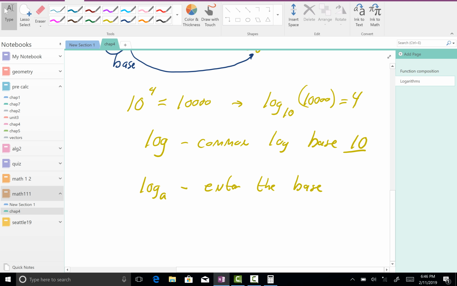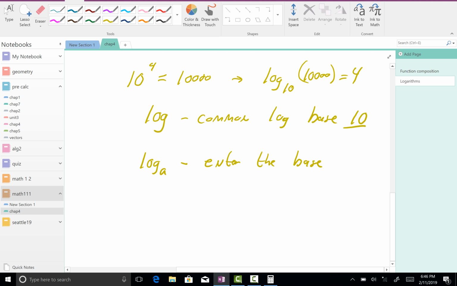So you can make the base anything that you want. But base 10 is called the common logarithm. So if you ever encounter a log, L-O-G, with nothing else there, the base is automatically 10.